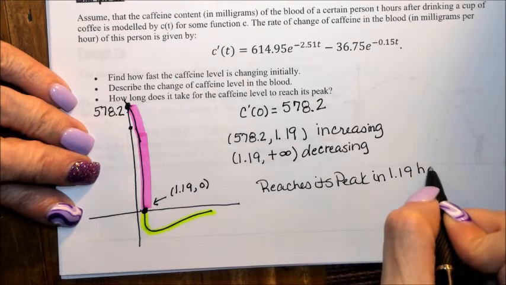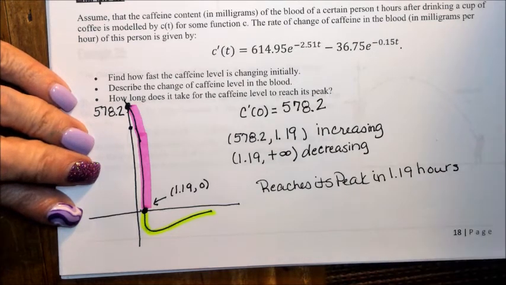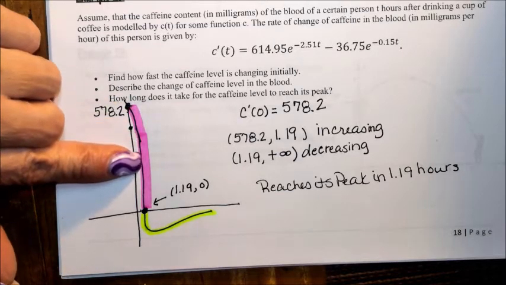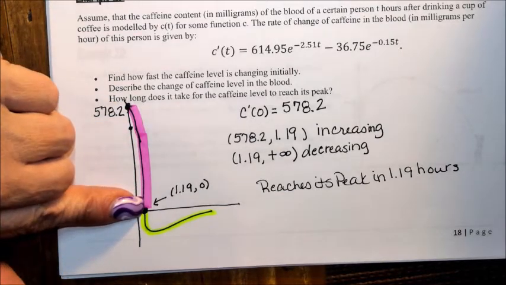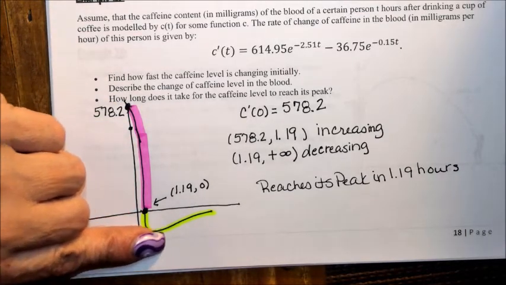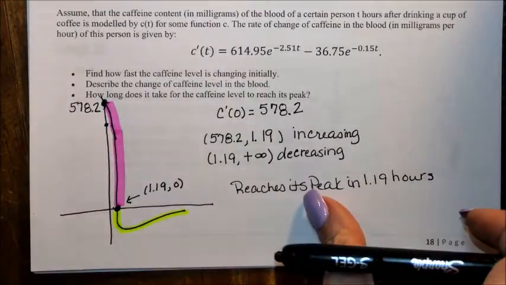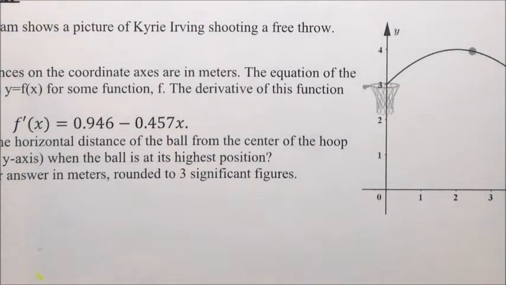Remember, it's increasing, it's increasing. You drank your energy drink, you're feeling good, and then it hits you, and you start coming down. And that's why the slope is negative down here. It's coming down. All right. That was just kind of a practical one. Pretty good one.